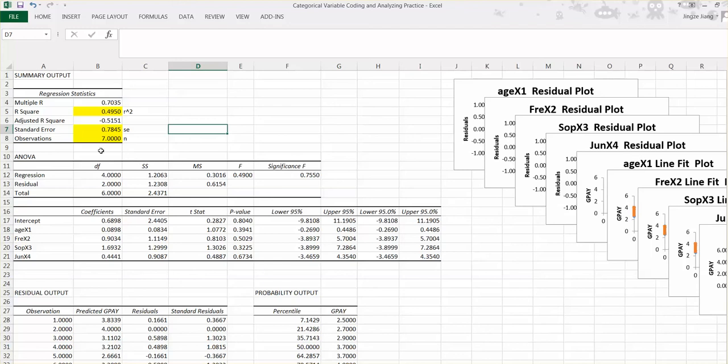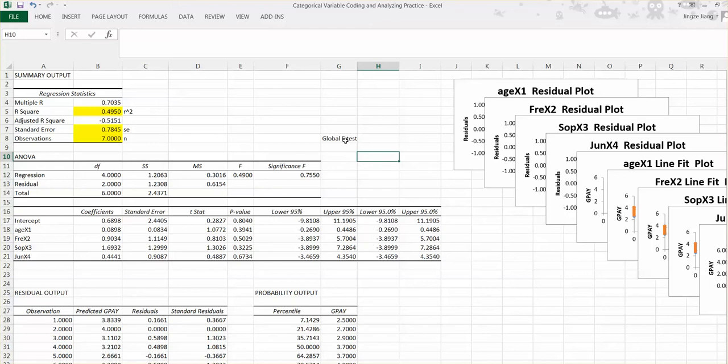Since we started learning this multiple regression model, we pay more attention to the global F test. What does the global F test tell us? It tells us the significance of the whole model. That's why when we write down H null, we write beta 1 equal to beta 2 equal to beta p equal to 0, and the H alternative is one or more betas not equal to 0.